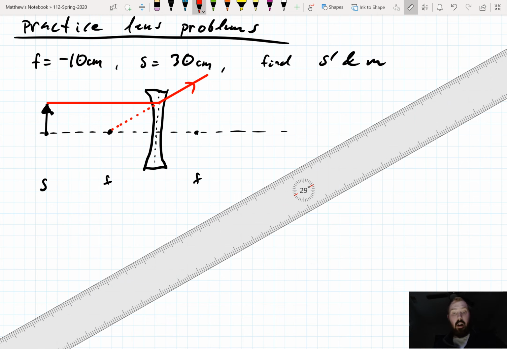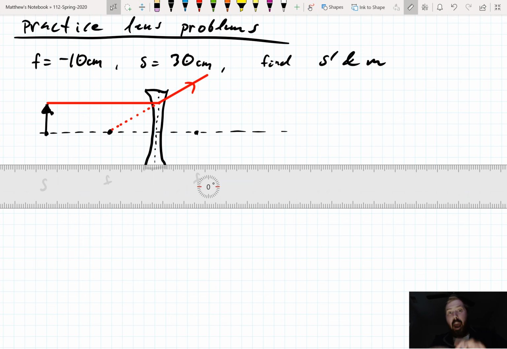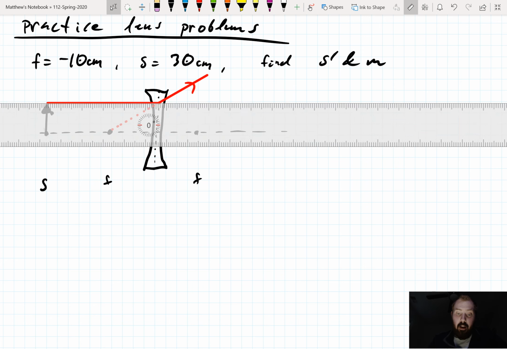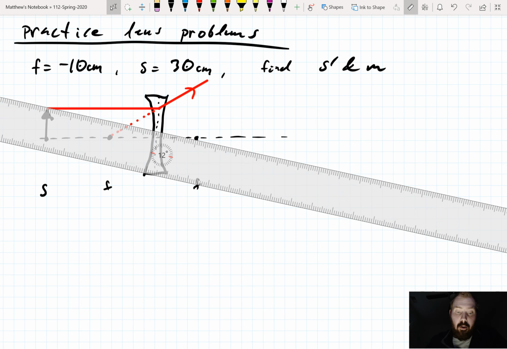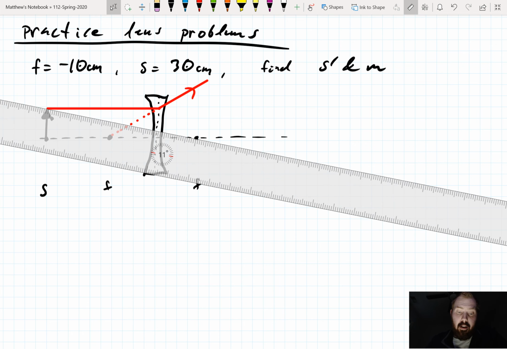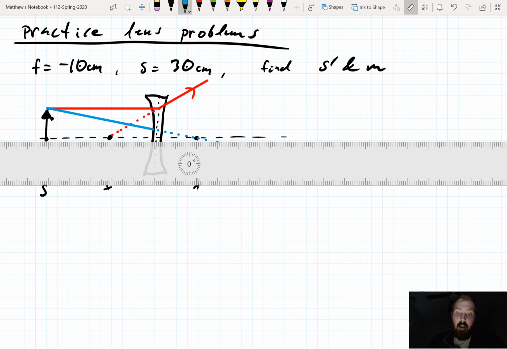Now let's do another one. Let's change colors. Let's do the one aimed at the far focal point. The ray comes in, and if you are aimed at that, then you better come out nice and straight.